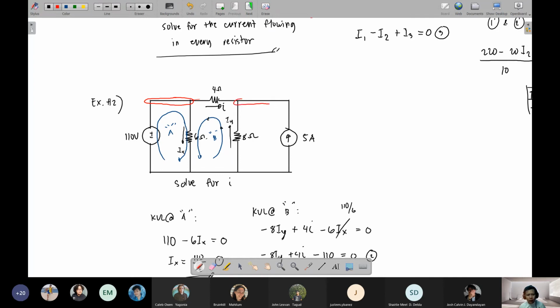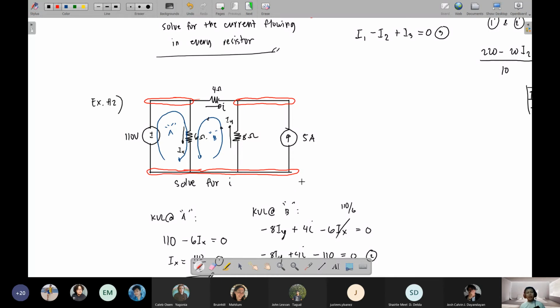Node over here, this is the connection between the 4 ohms, the 8 ohms, and the 5 ampere current source. And lastly, the one below, no? Node below, this will be the connection between the 110 volts, the 6 ohms, the 8 ohms, and the 5 ampere. Okay, so this is where they converge or they connect one another.